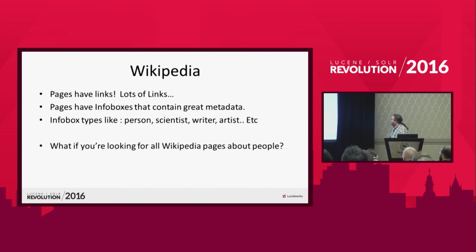right? Wikipedia is an interesting data set, right? You have pages, and these pages are very highly linked to other pages, and there's a lot of reference. One document will point to maybe 50 or 100 other documents. Wikipedia pages also have the info box section, and the info box section might have something like, this is a page about a person, this is a page about a book, this is a page about an author, a scientist, whatever.